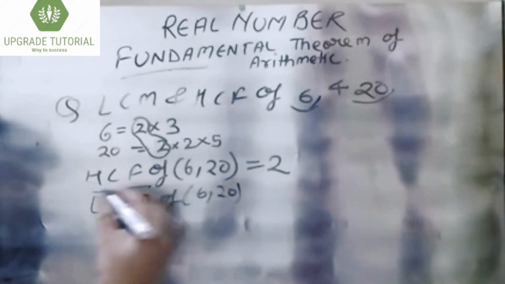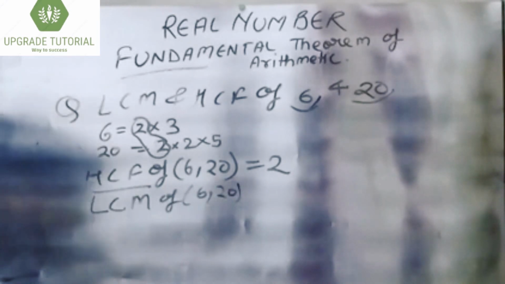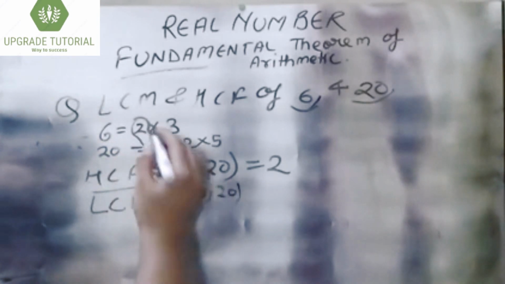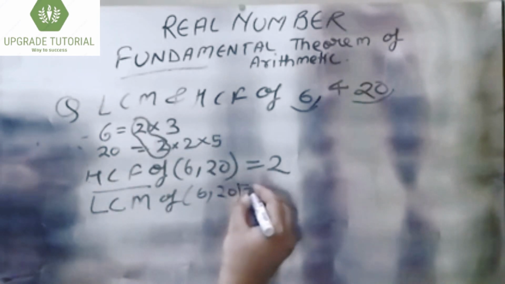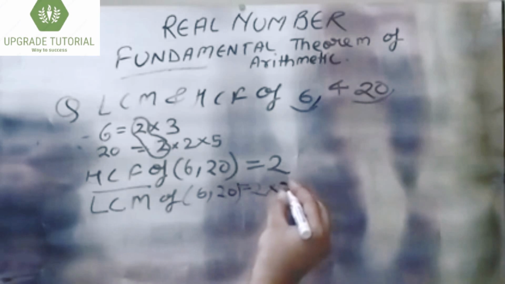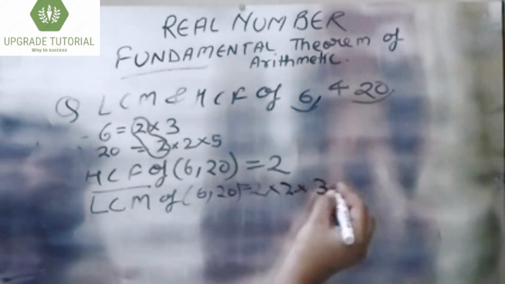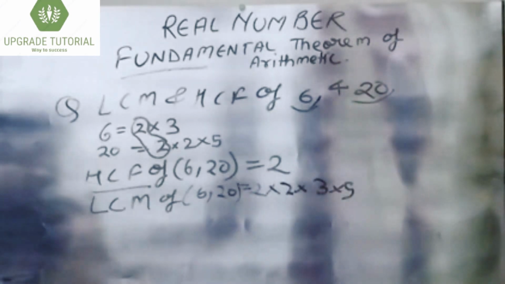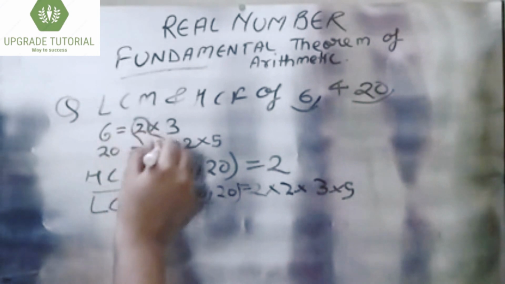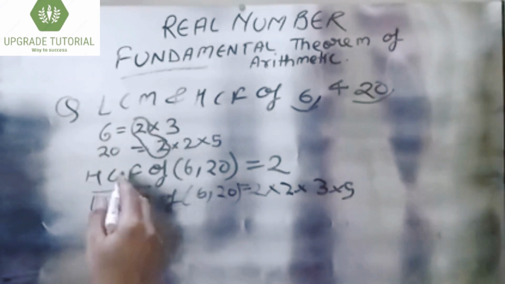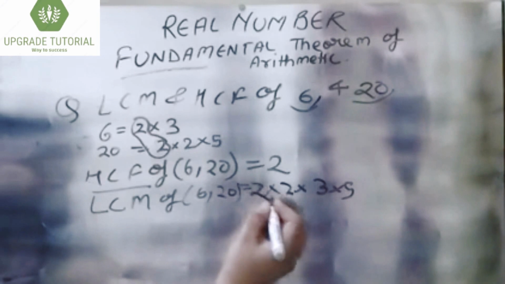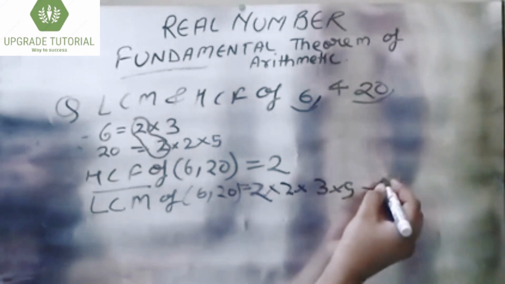So in 6 and 20 we have 2 into 2 into 3 into 5. Since 2 comes twice here, we have taken it only one time. So LCM is 60.